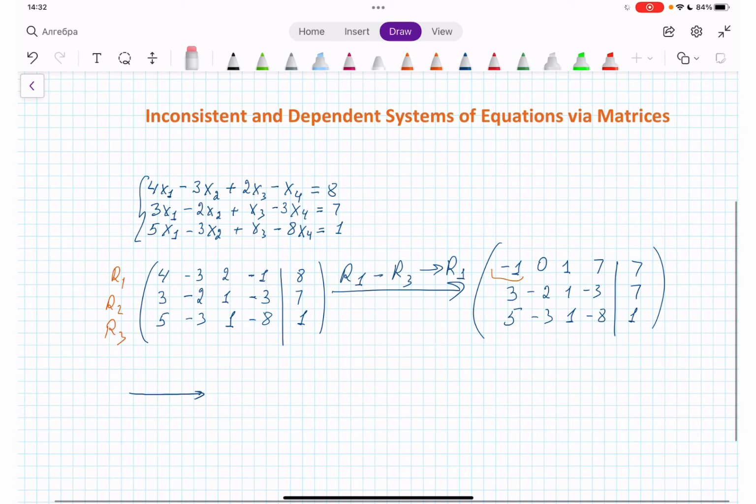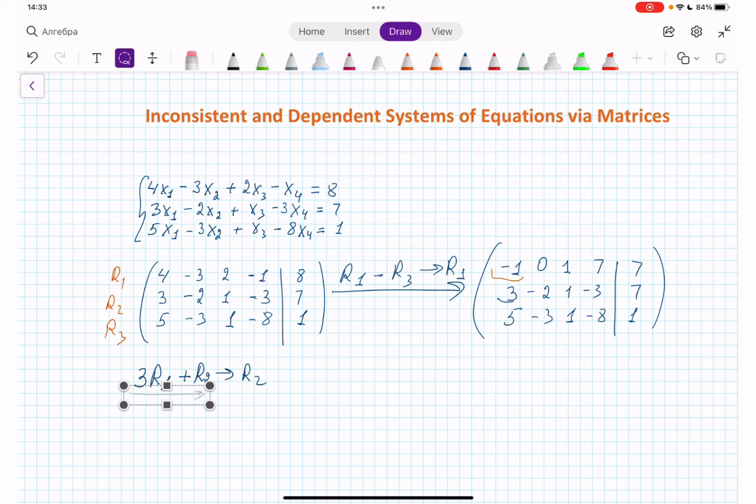For that purpose, to get 0 in place of 3, I'm going to multiply R1 by 3, because I have 3 here and I need 3 also, so when I add, I get 0. So 3 times R1 plus the second row R2, and we write it down in the second row R2.